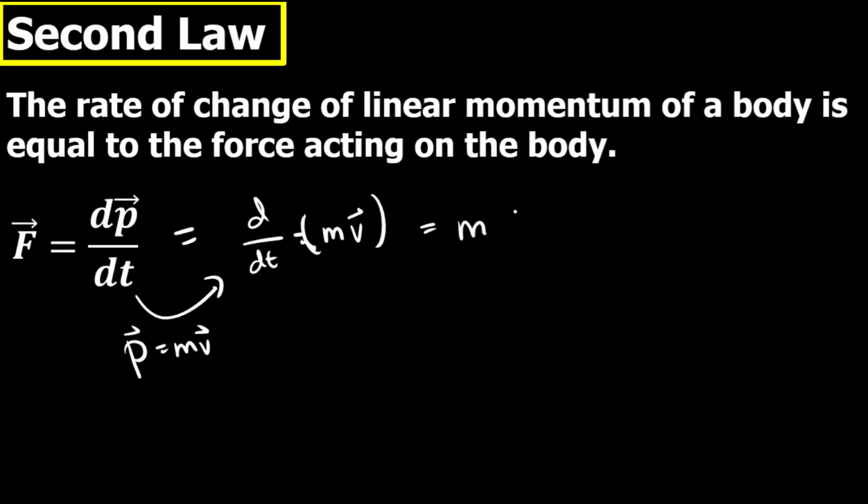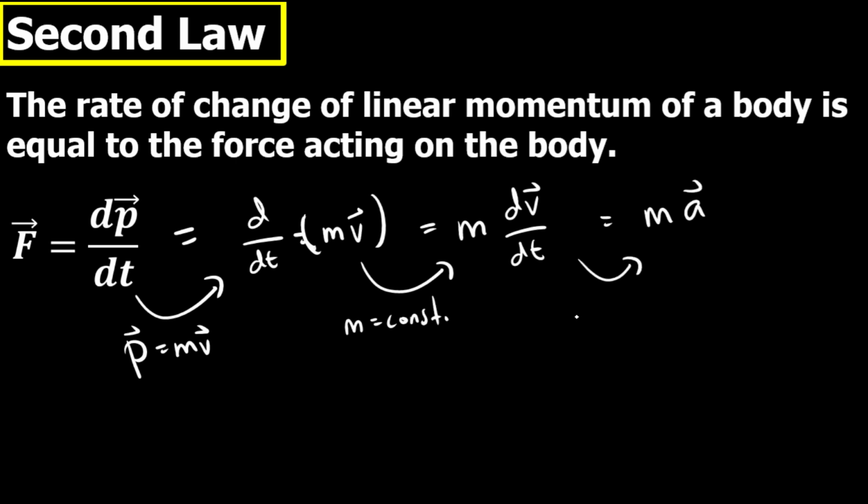Therefore, you have m dv over dt. Then you use the definition of a equals dv over dt to get F equals ma. So that's how you get F equals ma from dp over dt.